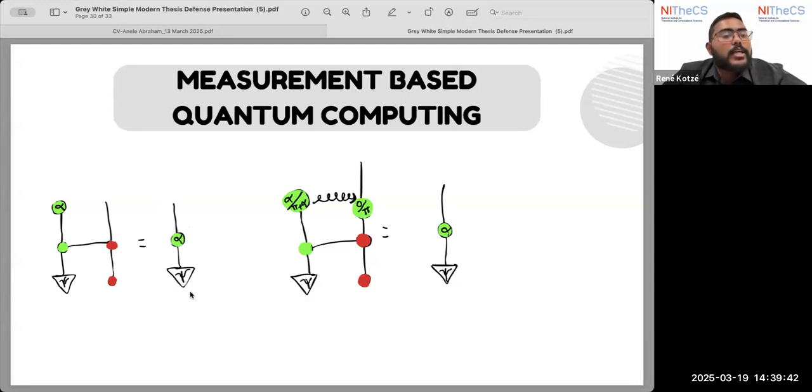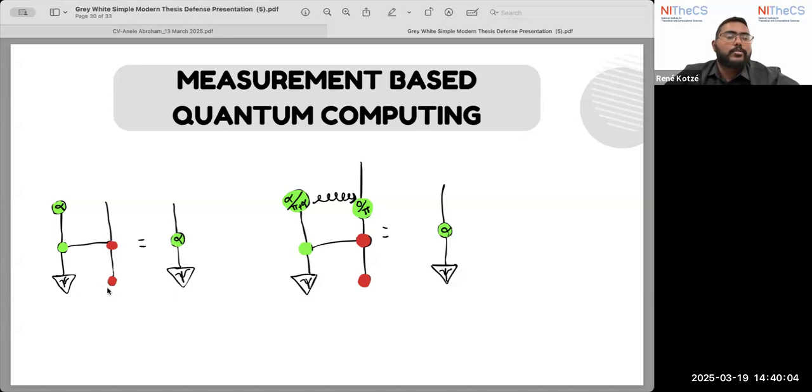For example, in this leftmost diagram, we have a qubit in state psi and a red state here, which corresponds to our plus state in the x basis. And we apply one C0 gate, and then we take a measurement and obtain an effect alpha. So that's the leftmost diagram.